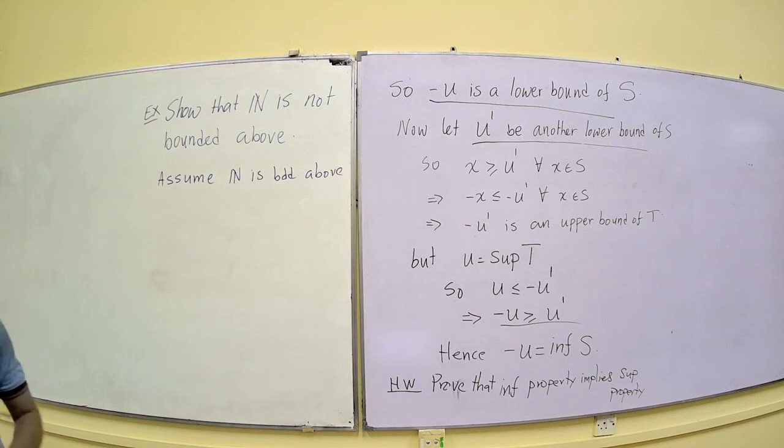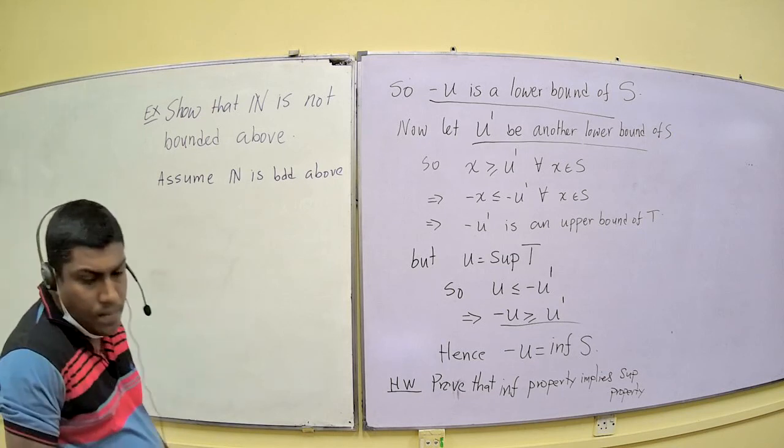So let us assume that N is bounded above, the natural number set is bounded above. We want to show that it is not bounded above, so for contradiction, let us assume that it is a bounded above set.